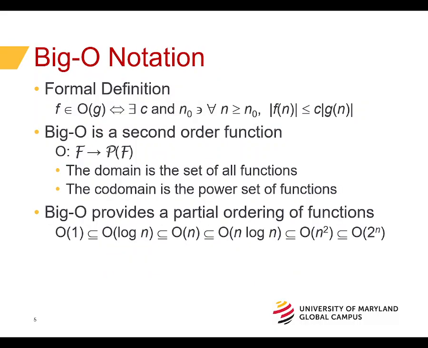As we mentioned previously, we need a way to compare the growth rate of the functions that characterize algorithm efficiency, and big O notation is what we would use. To begin, here is a very formal definition of big O. This definition is used in performing proofs that a particular function is in the big O of another.